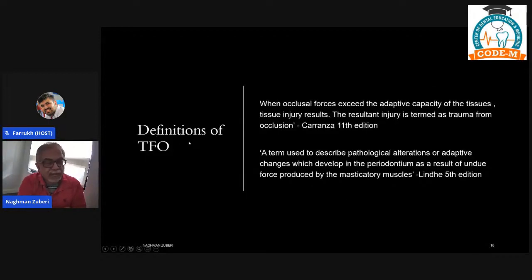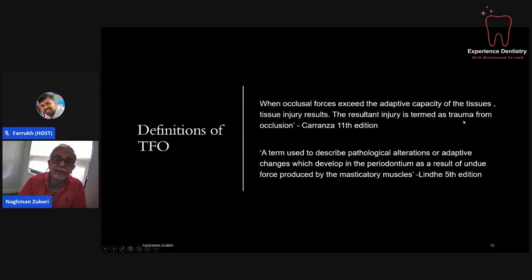Over the period of time, different authors and authorities have defined trauma from occlusion. According to Carranza, when occlusal forces exceed the adaptive capacity of the tissues, tissue injury results. The resultant injury is termed trauma from occlusion.